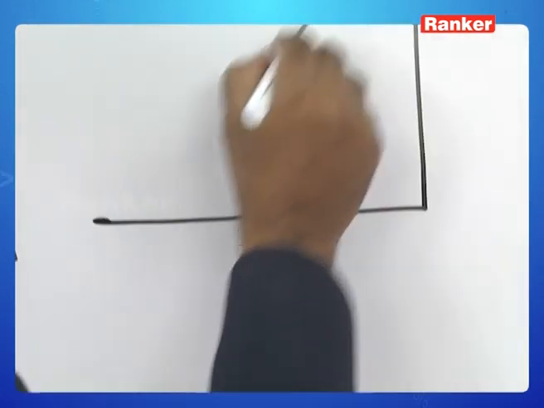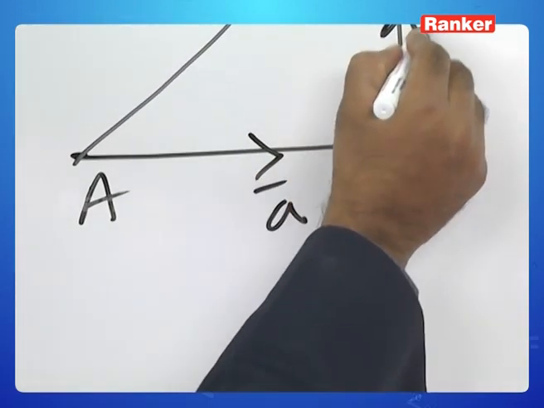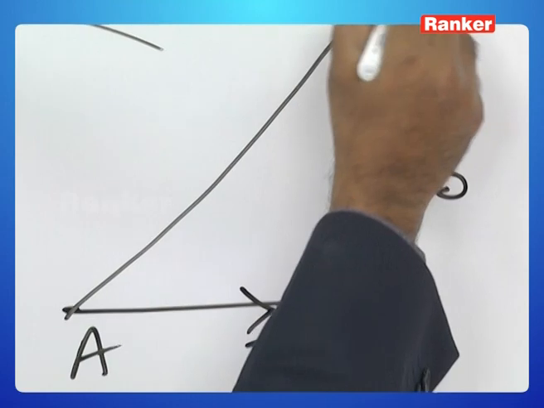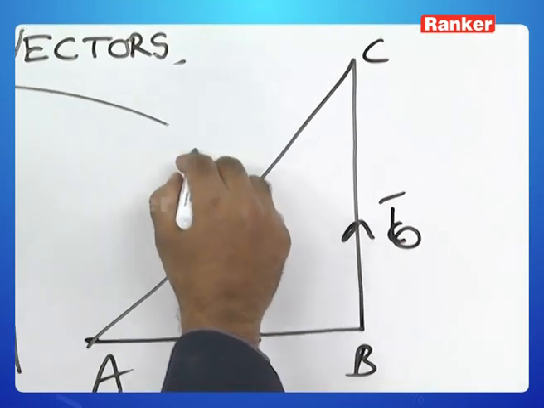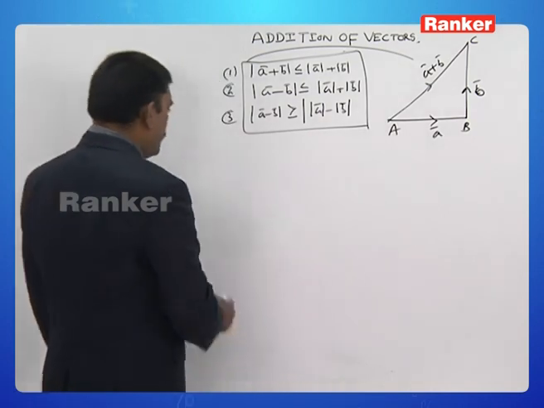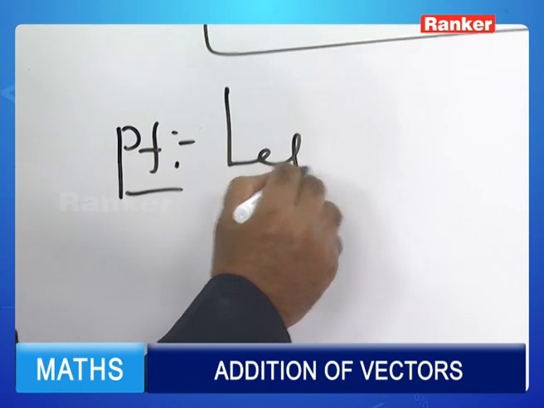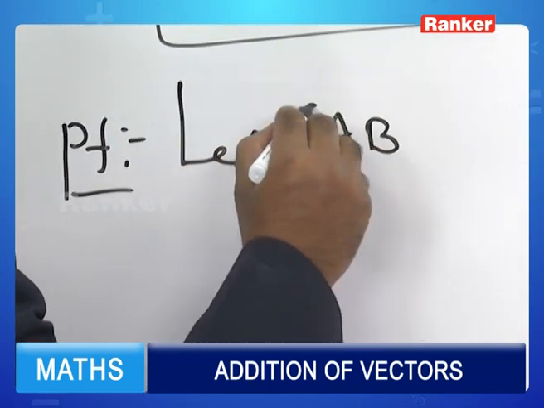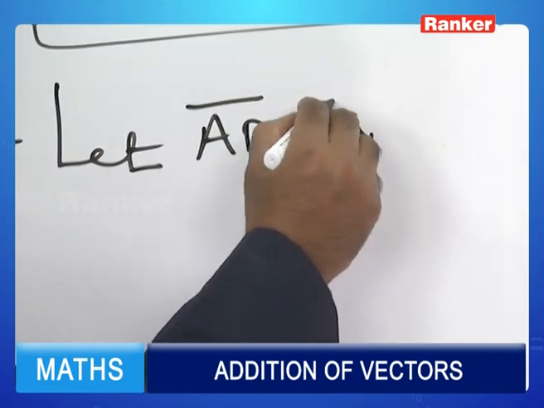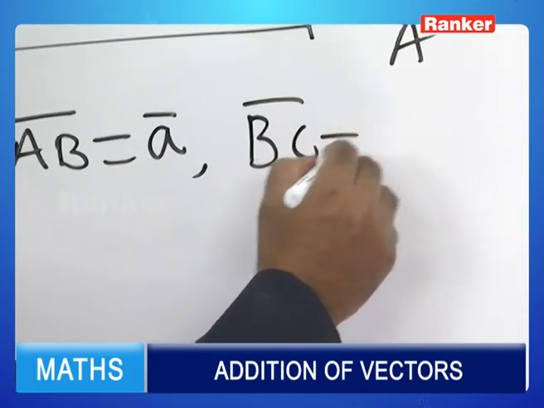Now consider AB bar is equal to A bar and BC bar is equal to B bar, and this is A bar plus B bar. Now I start the proof of this one. Let AB bar be equal to A bar. Next, BC bar is equal to B bar.